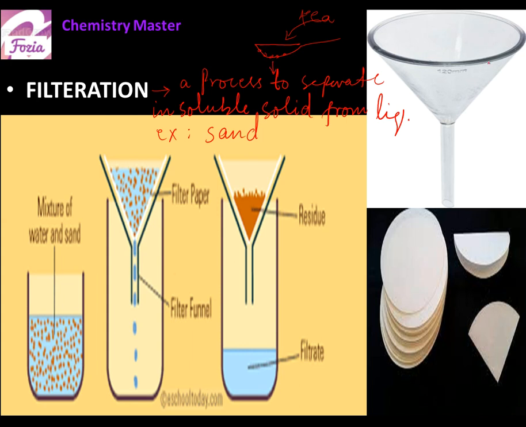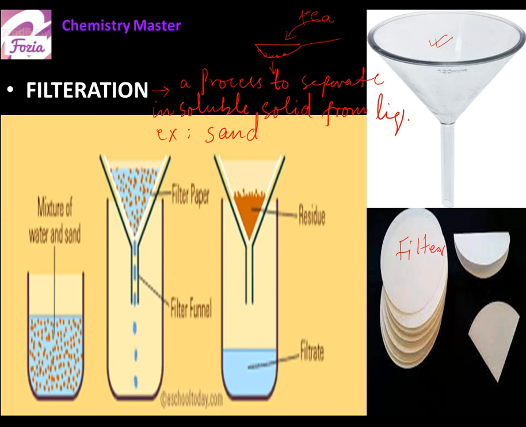So for this purpose, in any industry or any lab, we'll be using this funnel. You see, this is a glass funnel which holds a filter medium on it, called filter paper.